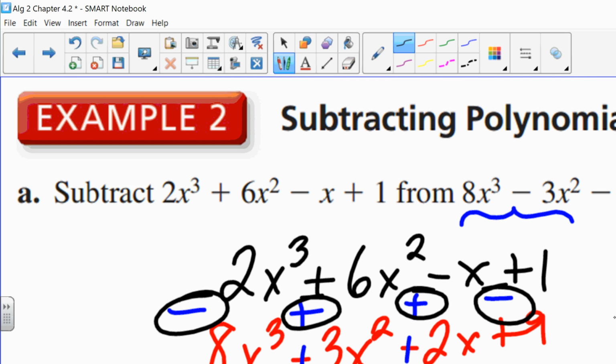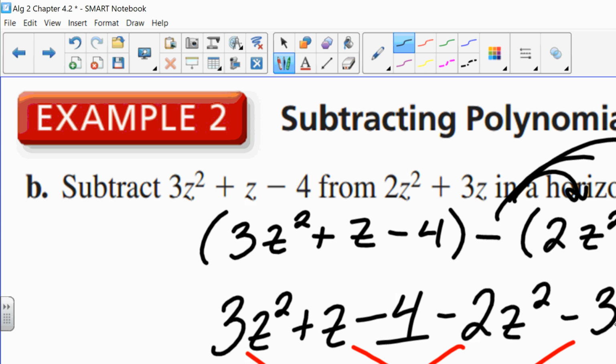Now, with vertical, we really didn't have to worry too much about the sign change when dropping those parentheses because of the subtraction and how it's set up. So the way this is set up removes a lot of the possibilities for sign errors that horizontal has.